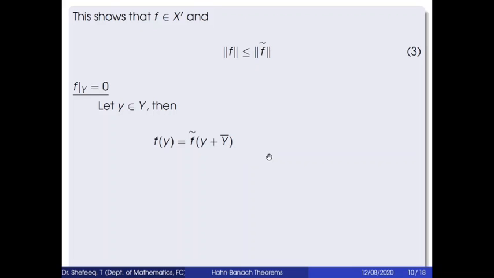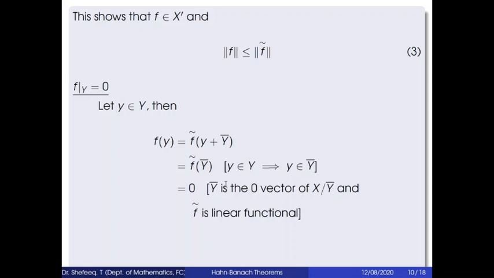So this is equal to f tilde of Y bar, since we have y belongs to Y, so this implies y belongs to closure of Y. So this is equal to 0, since Y bar is the 0 vector of X by Y bar and f tilde is linear functional. So that means f of y equal to 0 for all y belongs to Y. So this means restriction of f to Y equal to 0.